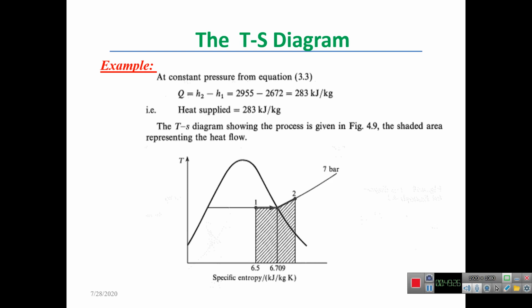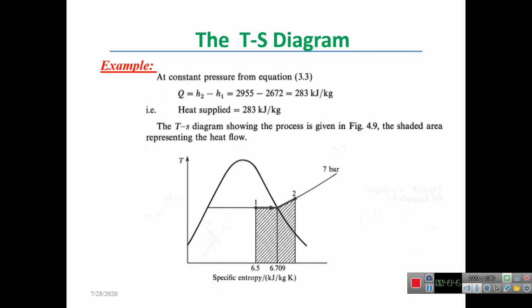Since it is positive, it means heat added, or heat supplied. That is obvious, of course, because in the problem we are heating. So we are supplying heat, which is equivalent to 283 kilojoules per kilogram.